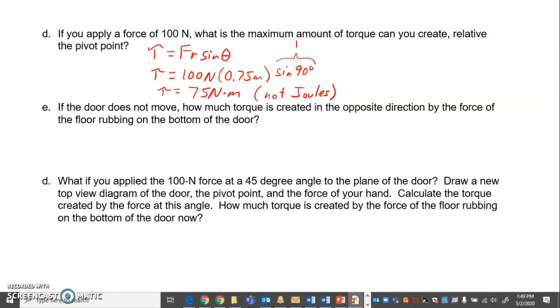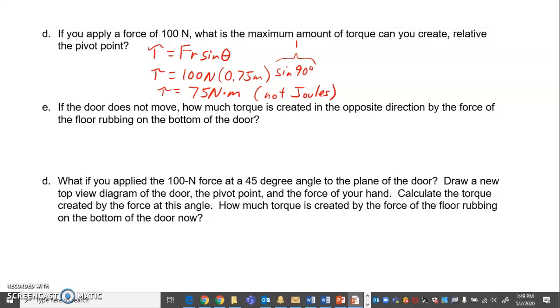The force is applied perpendicular to this lever arm R, which is the position vector of the force relative to the pivot point, rather. And so, to make a long story short, when we're talking about torque, use units of Newton meters. When you're talking about work or energy, then you're talking about joules.